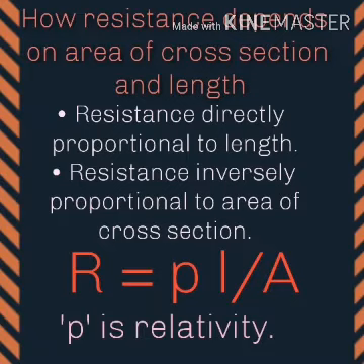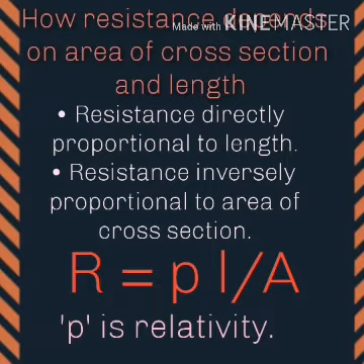How resistance depends on area of cross section and length. We know that resistance depends upon area of cross section and length. Then how does it depend?